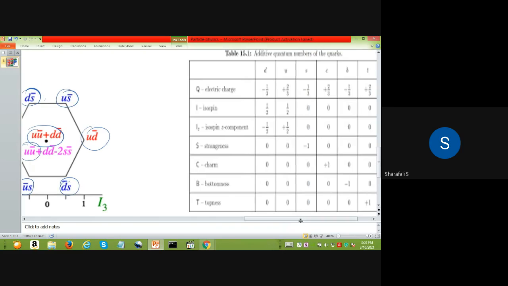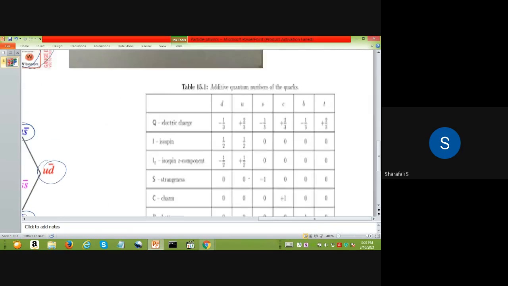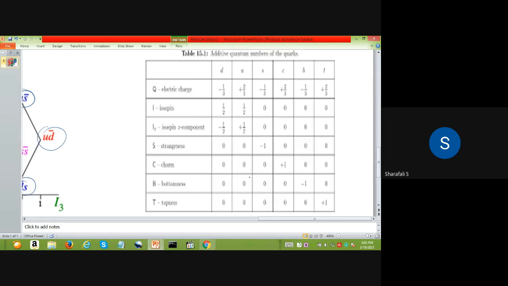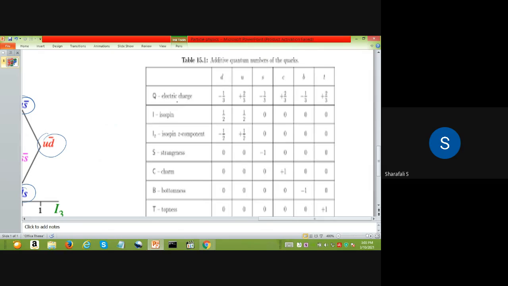If you further consider those quarks, we can have different quantum numbers associated with them, and these are the additive quantum numbers of the quarks. If you consider electric charge, this is D, U, S, and then bottom and top.